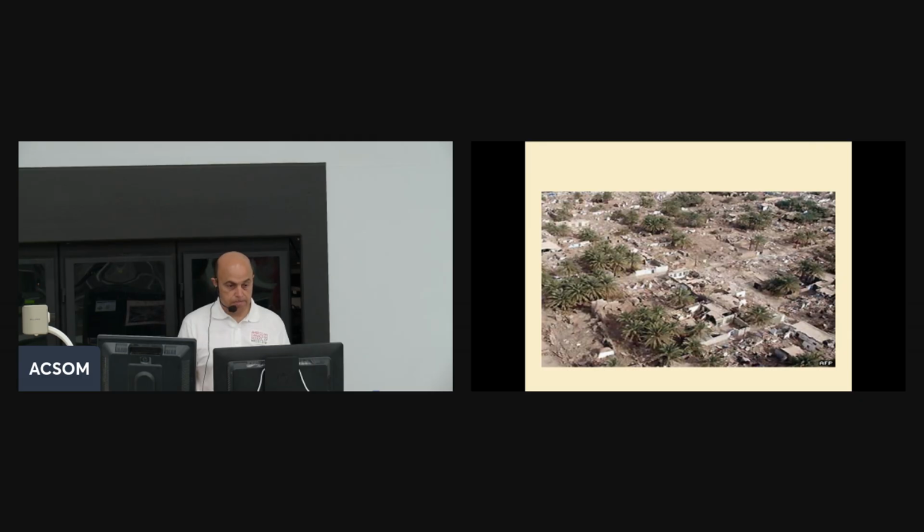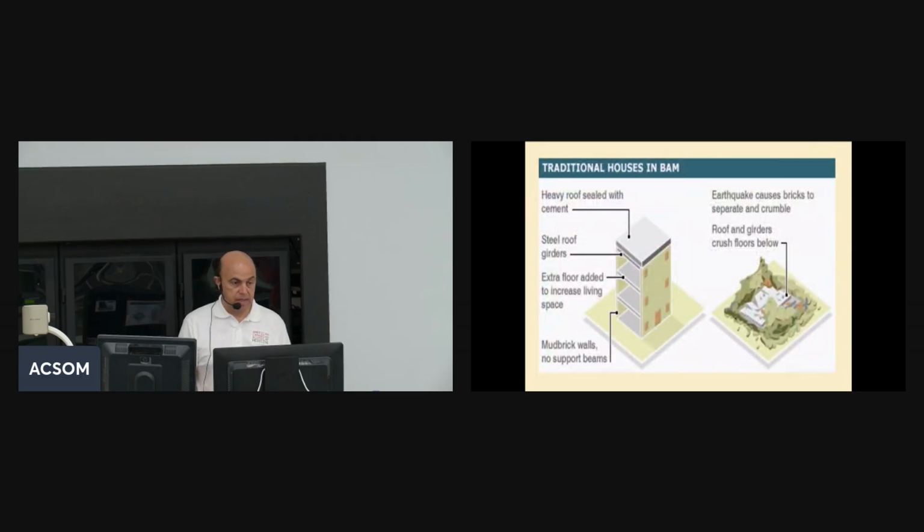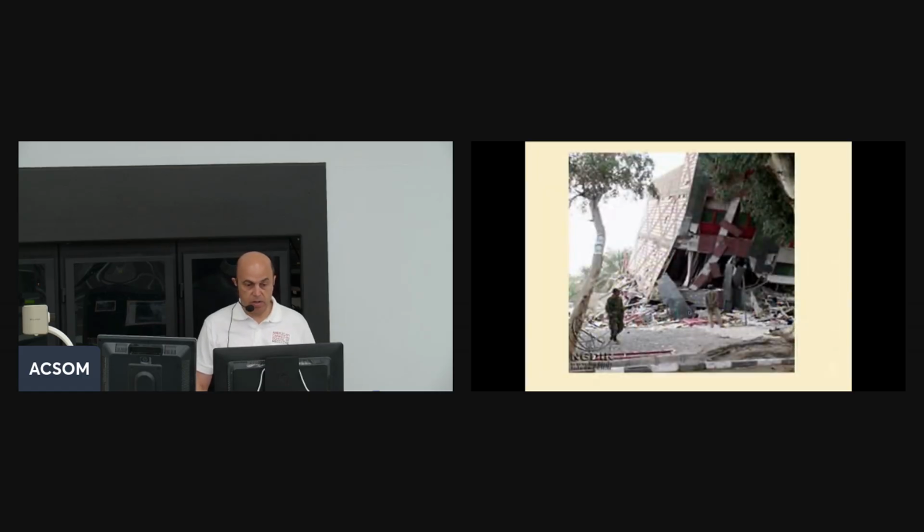The whole city was destroyed, and many of those traditional houses you see had some steel roof, but the walls were all mud brick, with no supporting beam. So with an earthquake, everything collapses, and the people are stuck under it. The medical terminology we use for this is crush syndrome, meaning somebody crushed by heavy stuff.